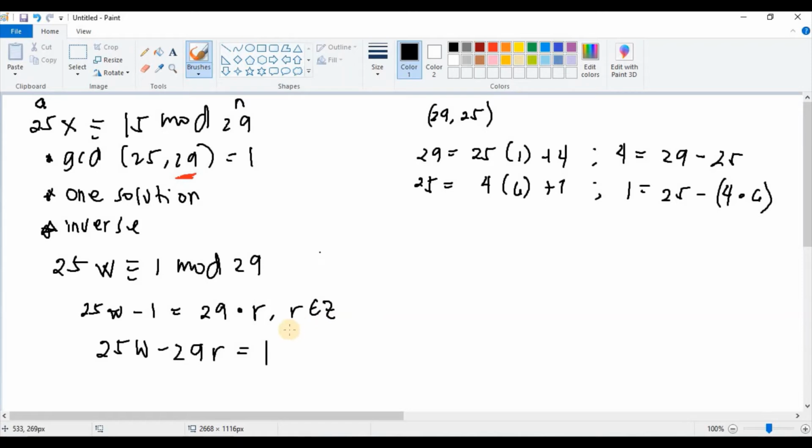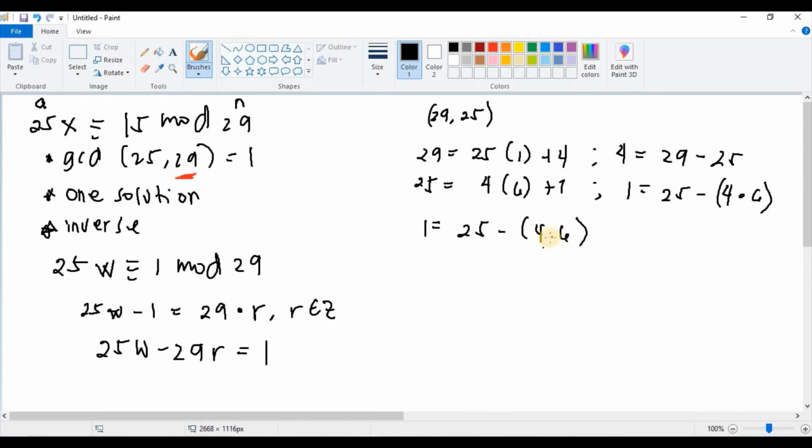So let's take this equation. We will look for W. What value of W makes the equation correct? Let's start with 1, which is equal to 25 minus 4 times 6.